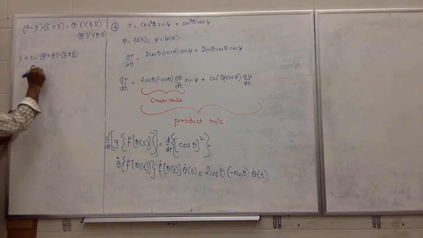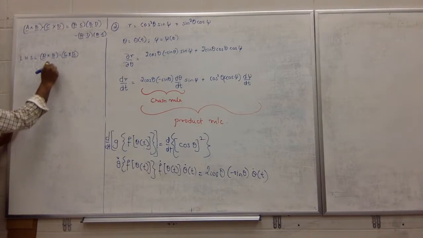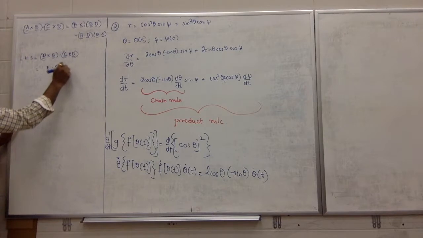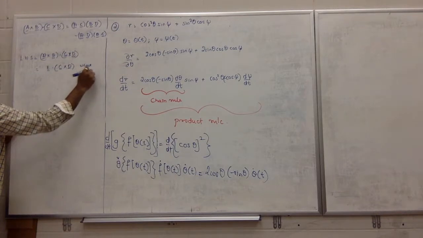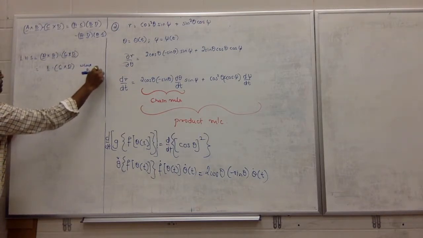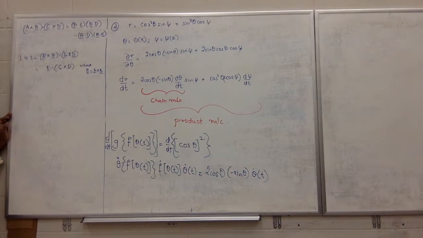What we are going to do is call this, let's say, E. This is another vector, so you substitute, where E is A cross B. You with me?